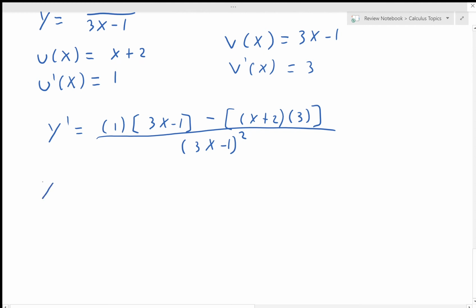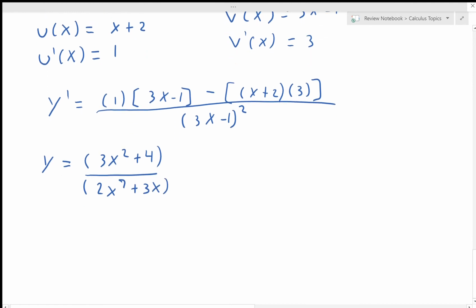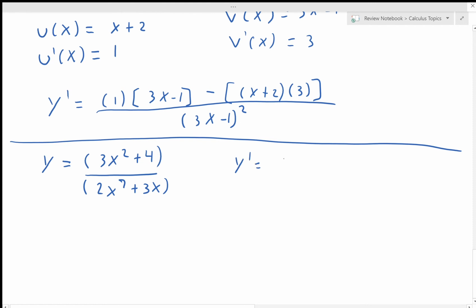If you have y equals 3x squared plus 4 over 2x to the 7th plus 3x. So we know the derivative would be u prime v minus u v prime over v squared.